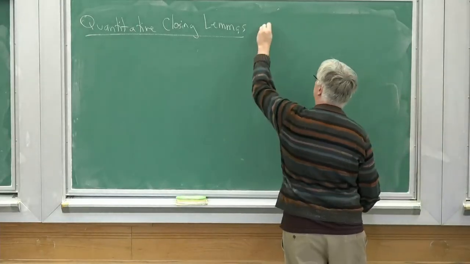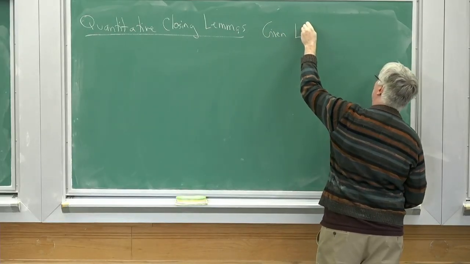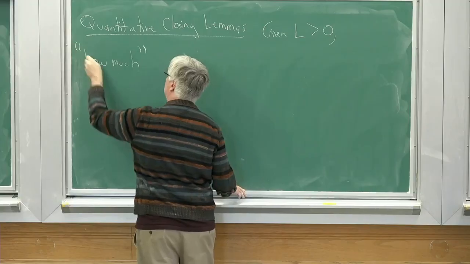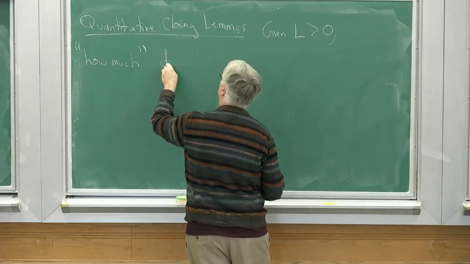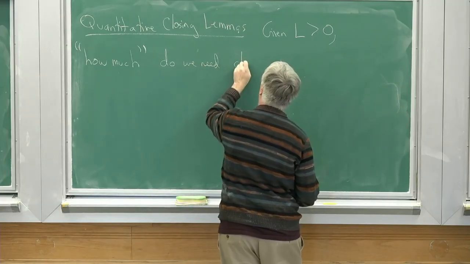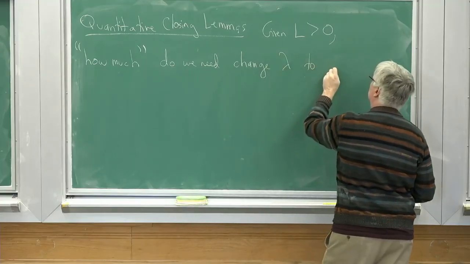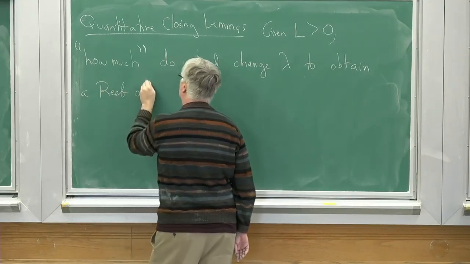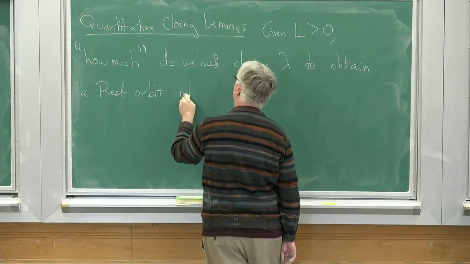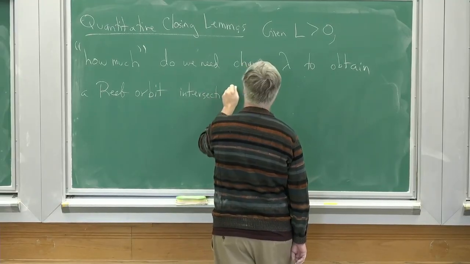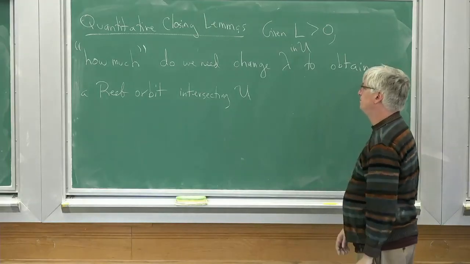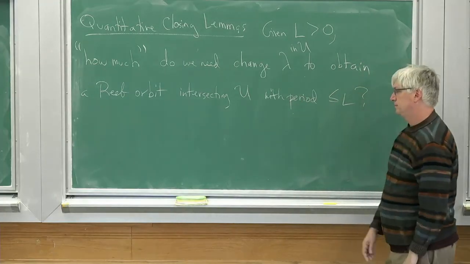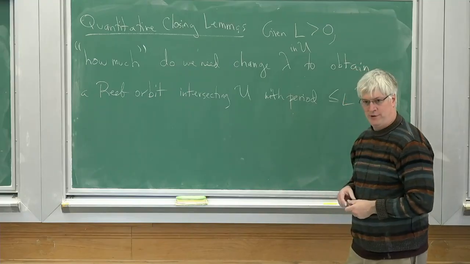So the question is, given some L, some positive real number, how much, I'm going to put this in quotes because we're going to have to come up with a definition of what this means, but how much do we need to change lambda to obtain a Reeb orbit intersecting some given neighborhood U, let's say in U, with period less than or equal to L. So you would think that if I want the period to be shorter, I'm going to have to make more of a change.